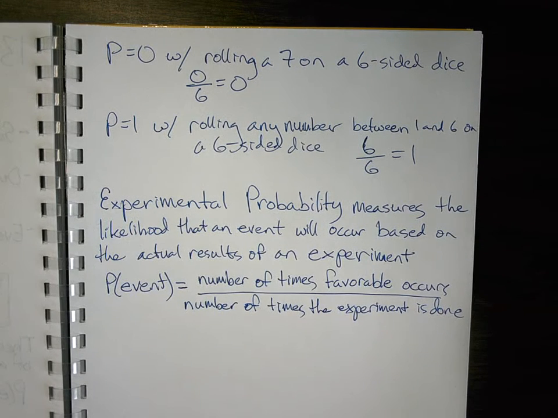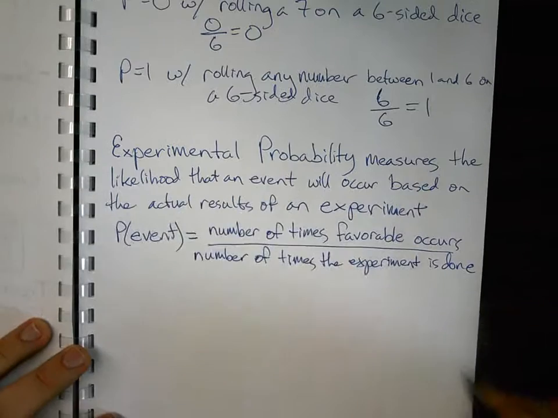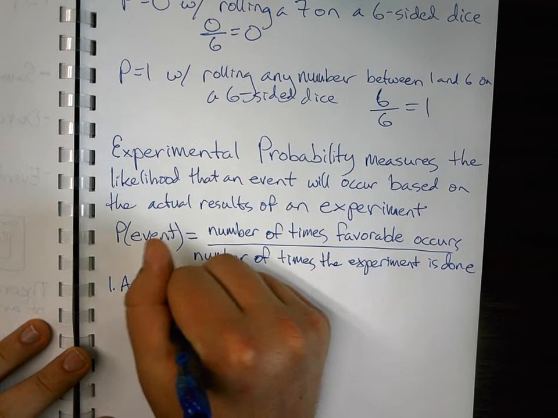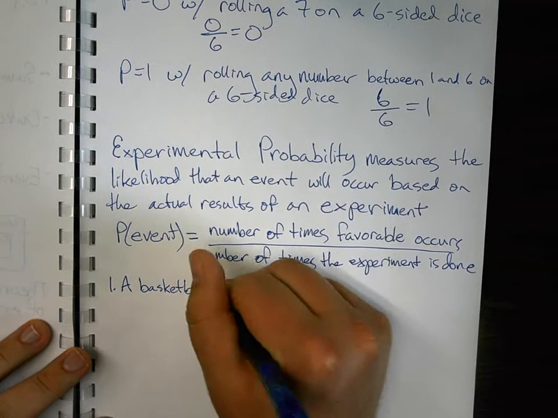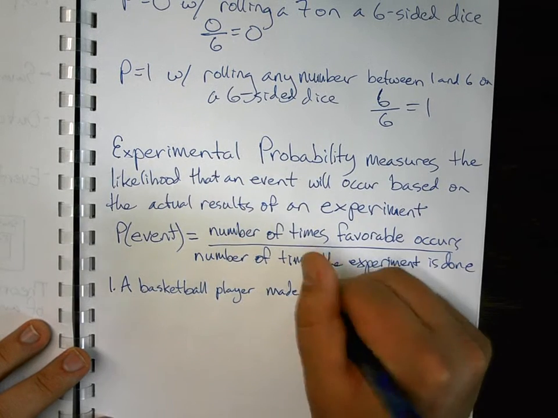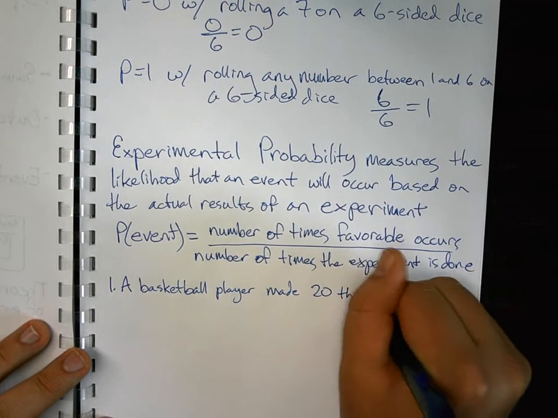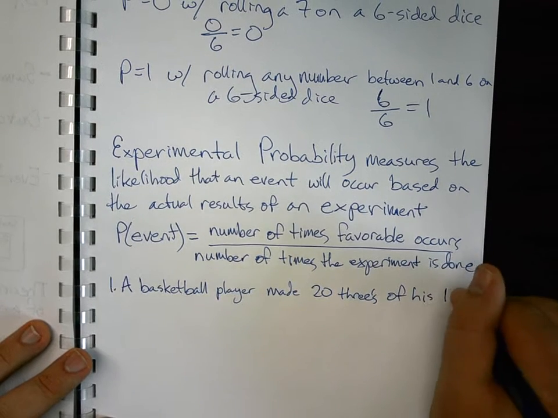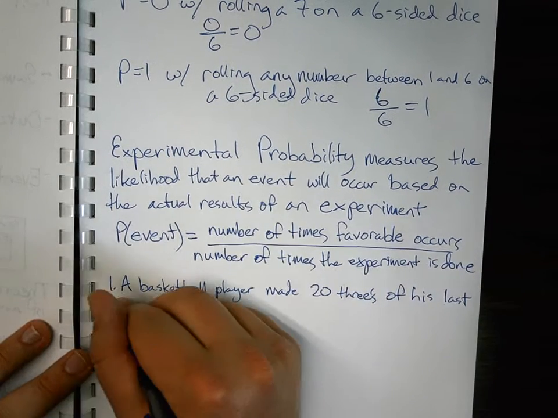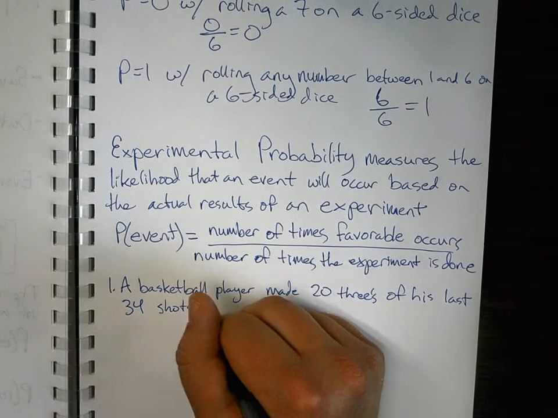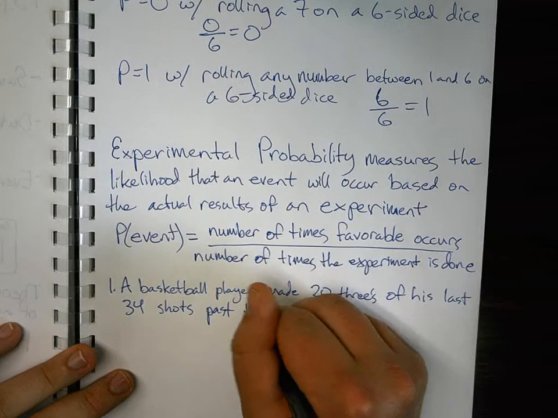Okay, so that's experimental probability. So let's take an example. Say we have a basketball player who made 20 threes of his last 34 shots past the 3-point line.